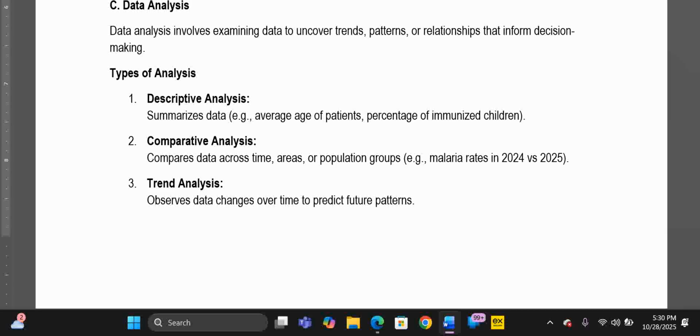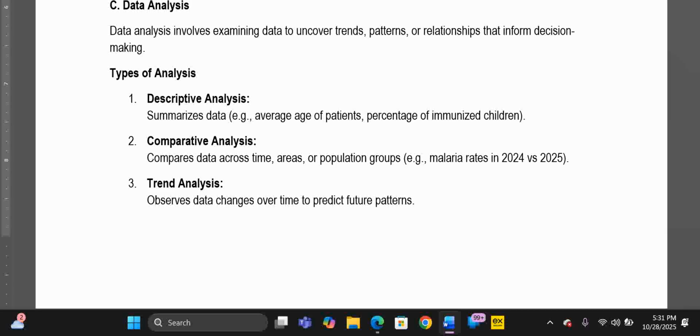So basically, when you want to really understand the coverage, you can describe to understand that we have a problem which is affecting mainly children under a certain age, or maybe the percentage representing the number of children that have been immunized within a particular area.